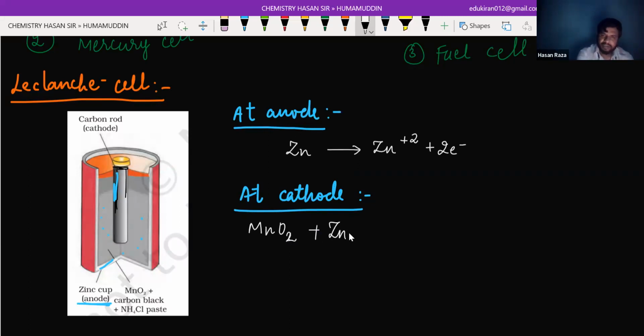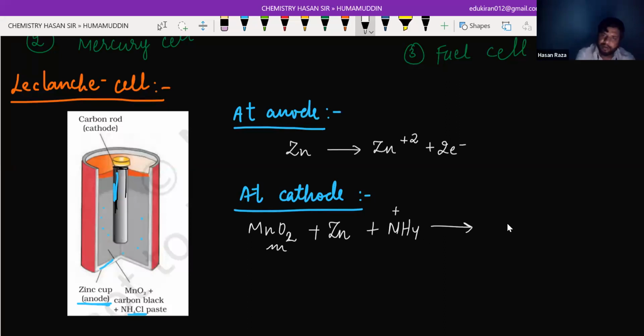Since zinc is giving electrons, one of them will gain electrons, and there will be NH4+. How does this NH4+ come? So you can see ammonium chloride is there, and since it is paste, it will be dissociated into ions NH4+ and Cl-.